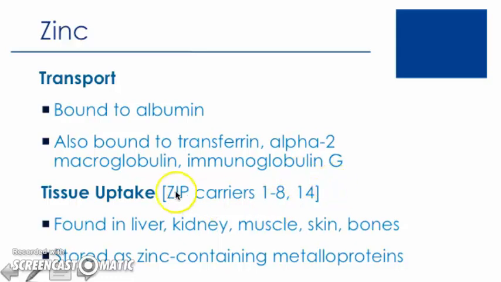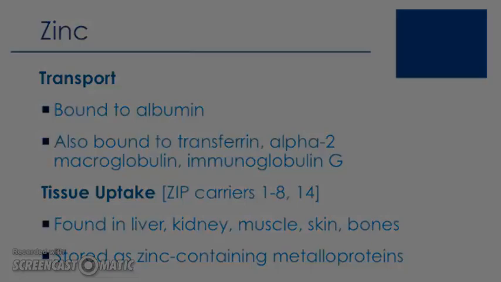We see a number of additional carriers, 1 through 8 or 14, involved in the tissue uptake of zinc. These will be found in particular tissues, including the liver, the kidney, the muscle, the skin, and bones. Within these cells, zinc may be stored as zinc-containing metalloproteins.